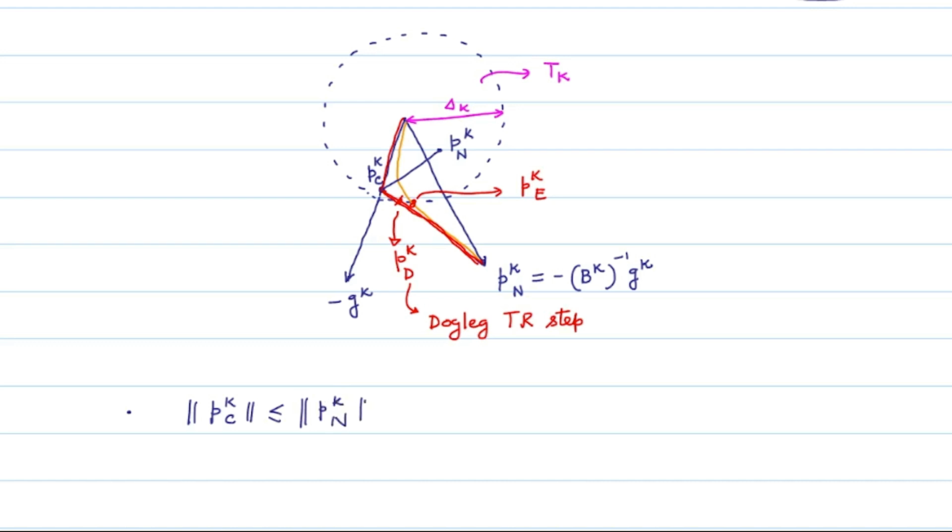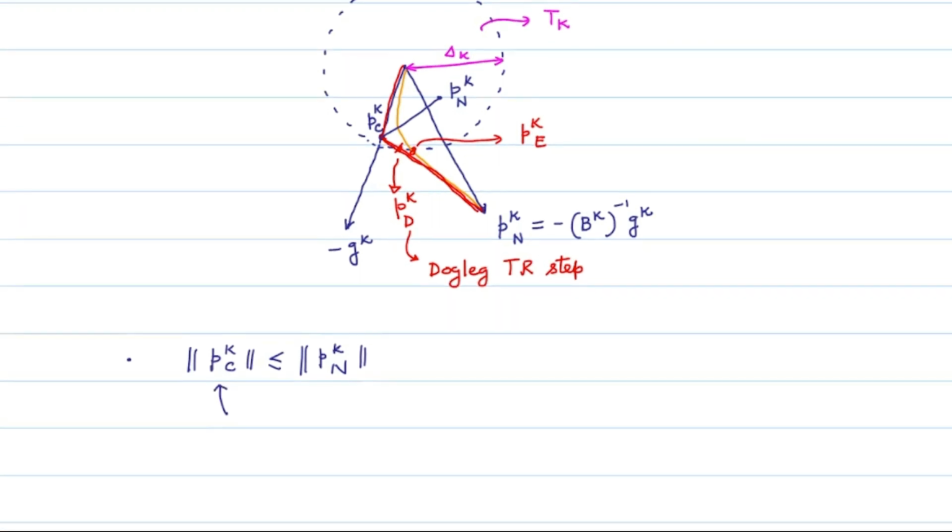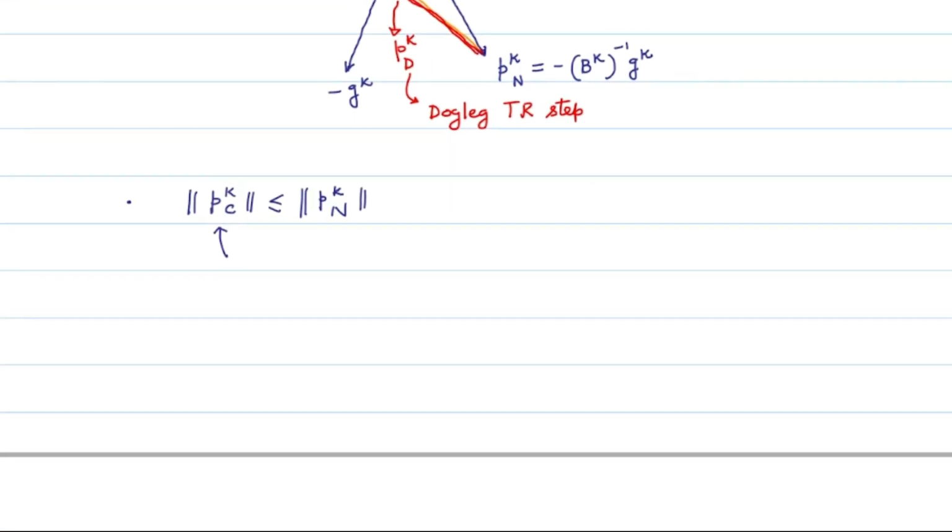This proof is just a simple application of the Cauchy-Schwarz inequality. We just plug in the expression of p_k^C and we get the following: p_k^C is given by the norm of minus alpha_k^C g_k, and we notice that this alpha_k^C is given by the minimum of two quantities that we have executed already.